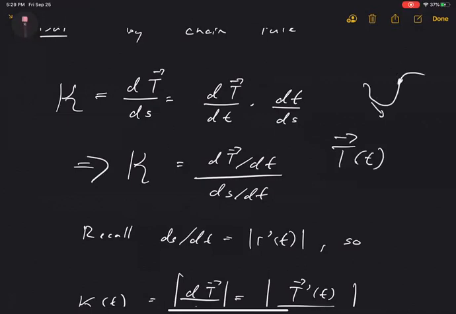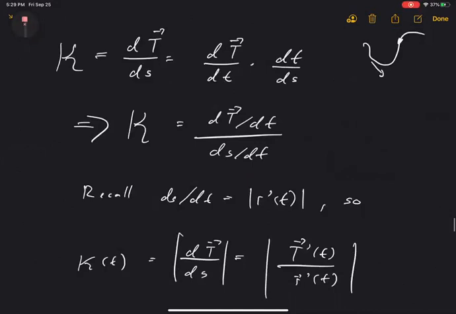So really, this is a vector valued function, parameterized by t, and I can take its derivative with respect to t, which we've done 100 times by now. Then what's the bottom? It's the change in arc length per change in parameter. And remember, ds/dt from earlier in this video is the same thing as the magnitude of r prime of t.